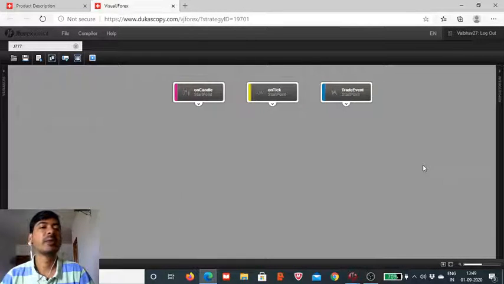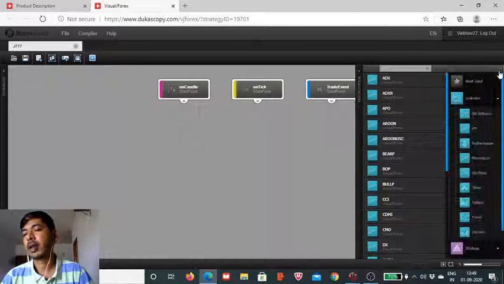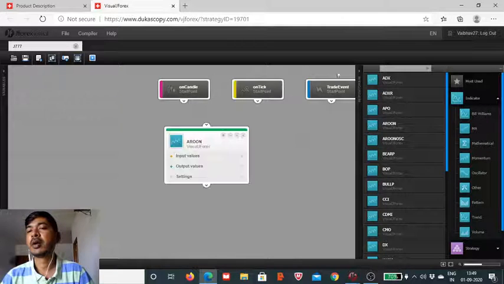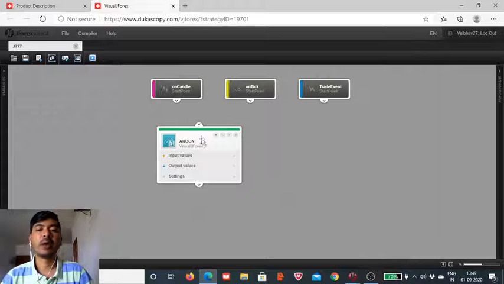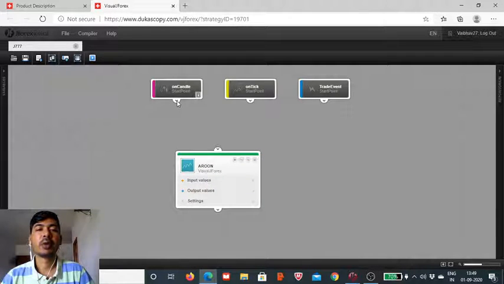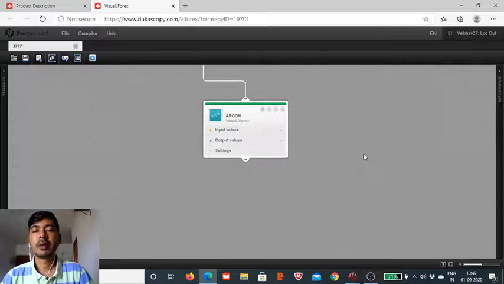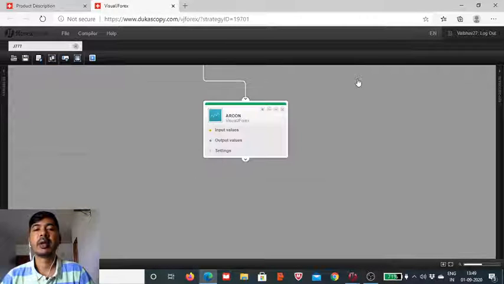This is the Visual JForex board developed by Dukascopy Bank SA. We can use this to automate our trade systems. There is an indicator block of AROON. For today's session, we will use the start point on candle. Here you have the brief description of the indicator.